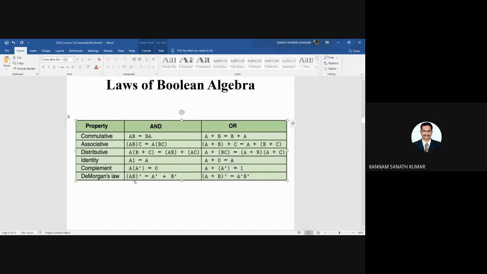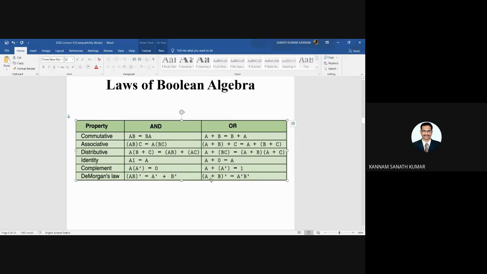And next, De Morgan's law. De Morgan's law states that when you are applying complement to AND, here A into B, the complement will be applied to each and every variable, and the AND will convert to OR. See here, AB whole complement equal to A dash plus B dash.